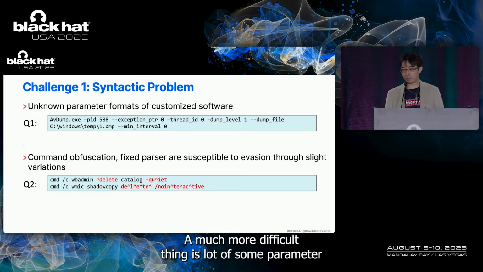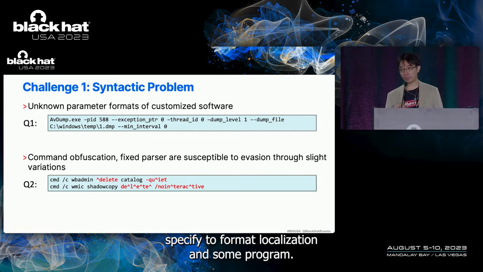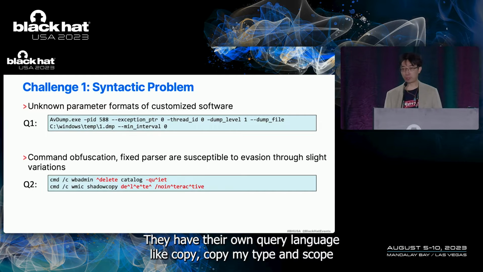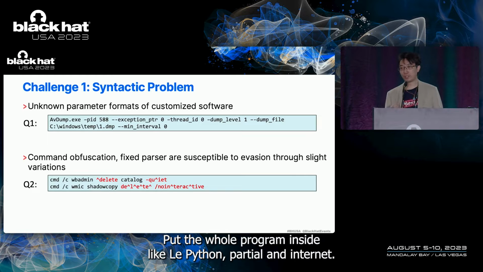And a much more difficult thing is that some parameters may be encoded in a specified data format, like JSON. Some programs may have their own query language, like WMI, LDAP, and SQL. Moreover, in some parameters you can directly put a whole program inside, like Python, PowerShell, and .NET.